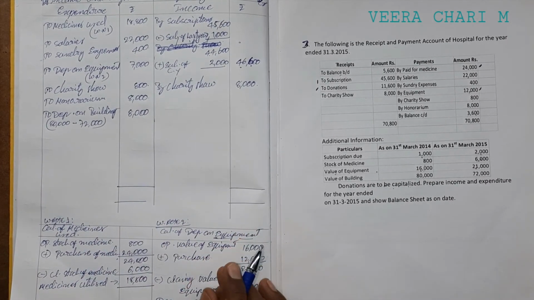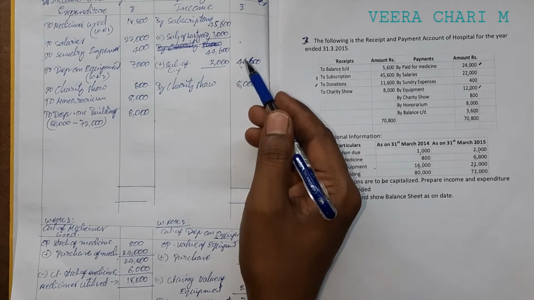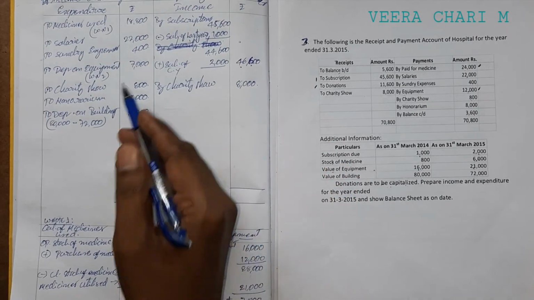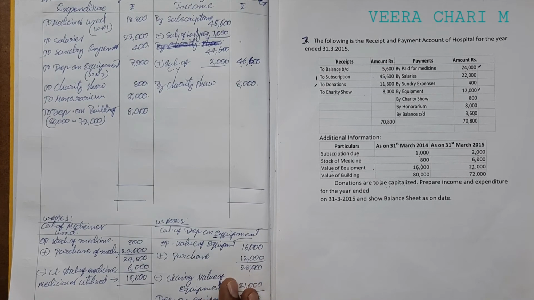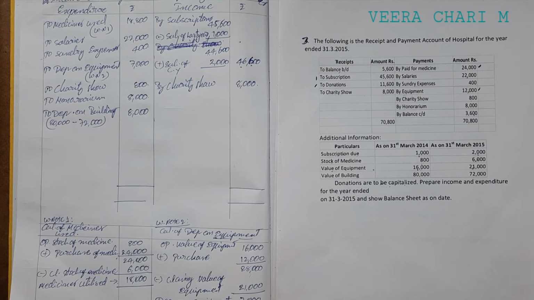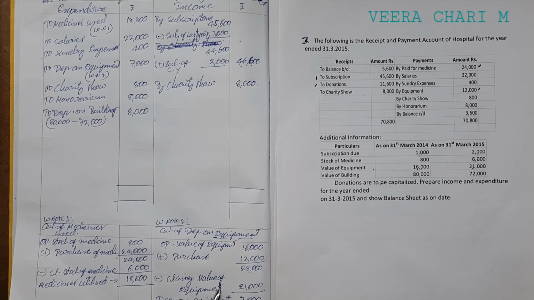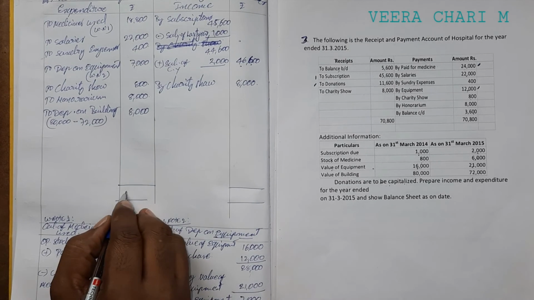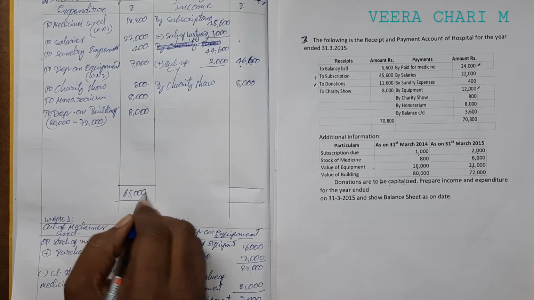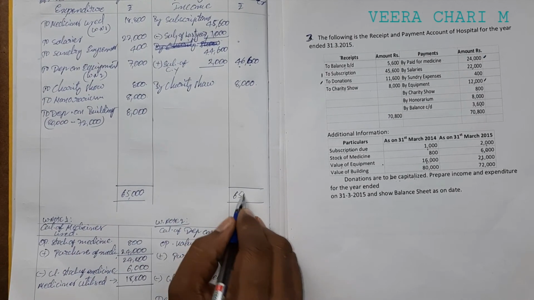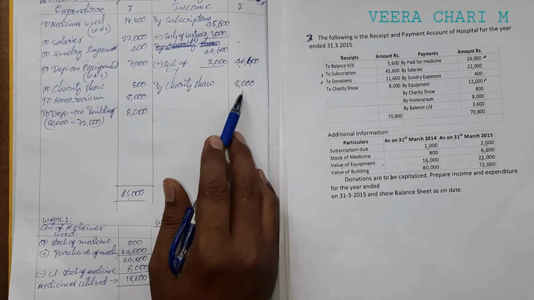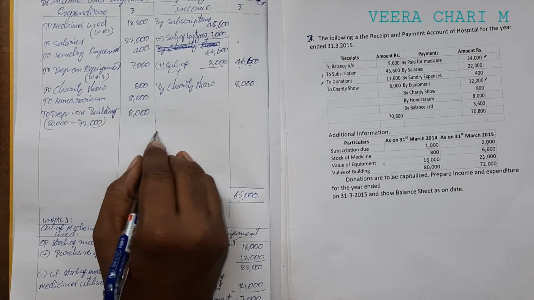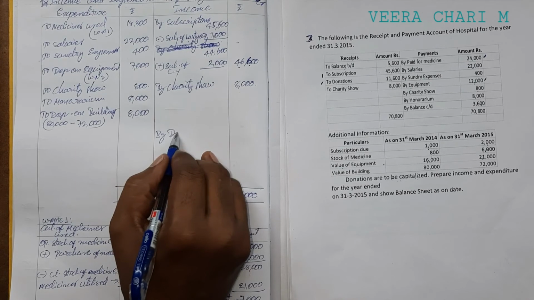Credit side is 46,600, and the debit is more than credit. Total of debit is 65,000, and the same amount you can write on the credit side also, 65,000. Then 65,000 minus 46,600 minus 8,000, the difference is called a deficit.